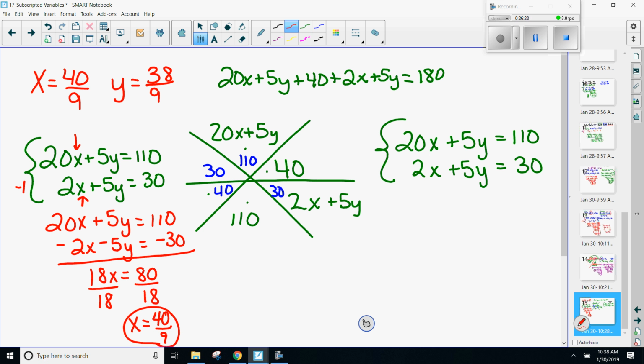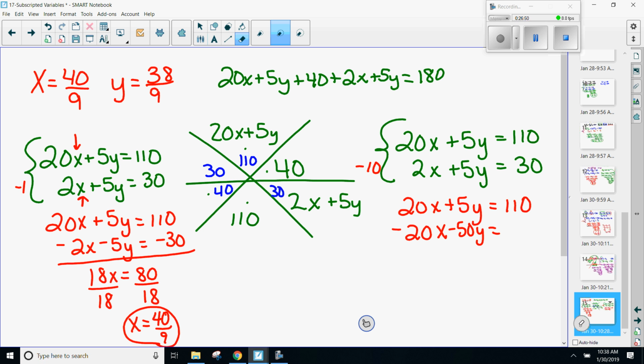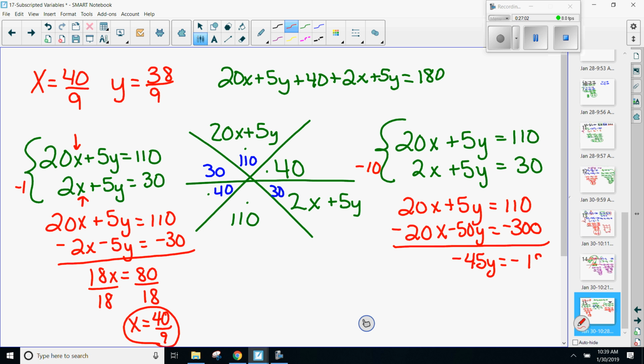So if you eliminate the x's, you would take the bottom equation times -10. So you get 20x plus 5y equals 110, and the bottom equation becomes -20x minus 50y equals -300. So now when you subtract, you get -45y equals -190.